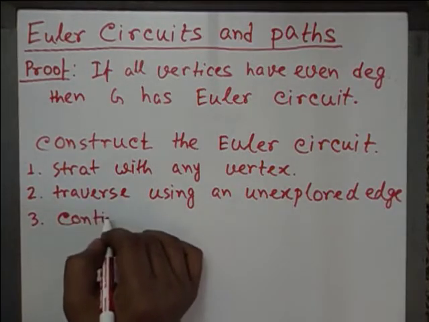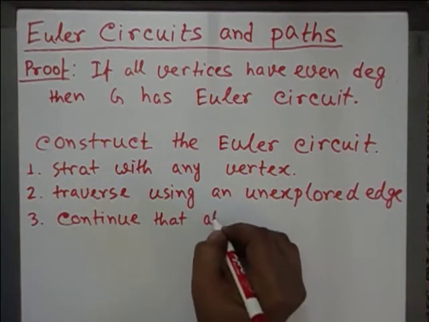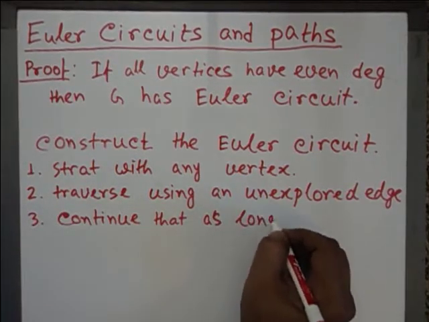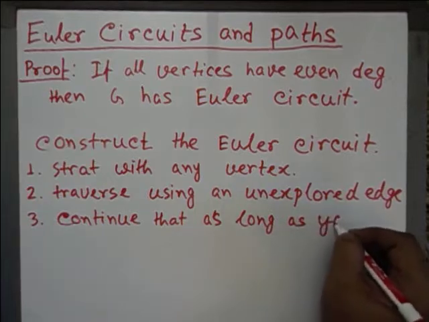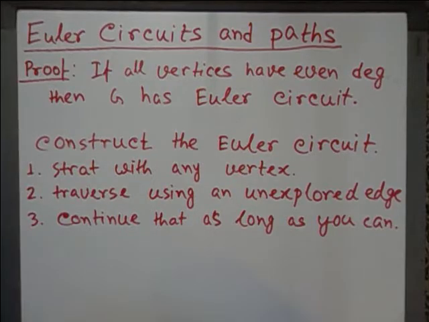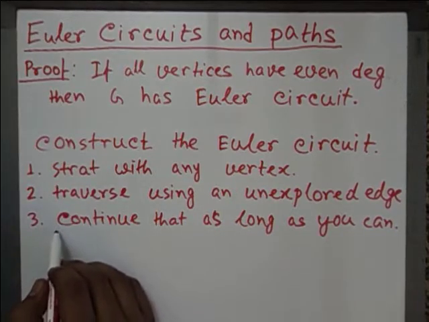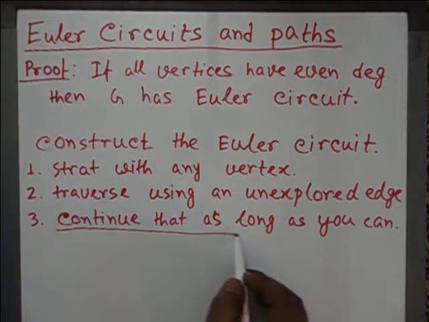Continue that as long as you can. So keep finding an unexplored edge and go to the next vertex. Keep doing that. If you're asking, how can you guarantee this?